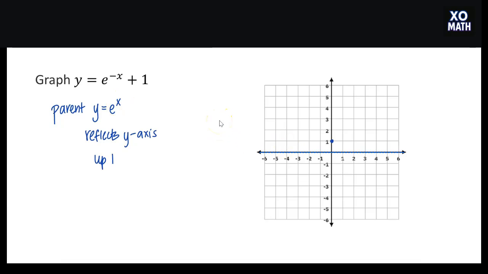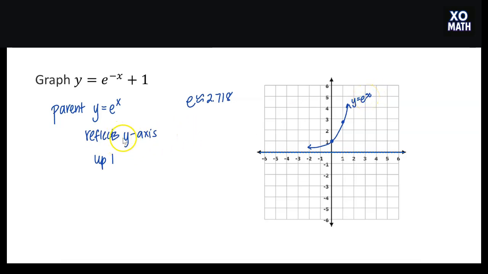And so let's remind ourselves that e is approximately 2.718. So if I plug in 1, I get out to this point up here at 1, e. And then the general shape of an exponential is that it's an increasing function. And we again have that horizontal asymptote of the x-axis. So this is the graph of e to the x.